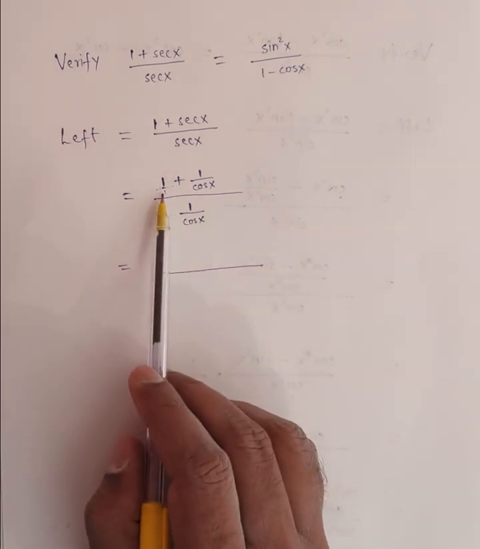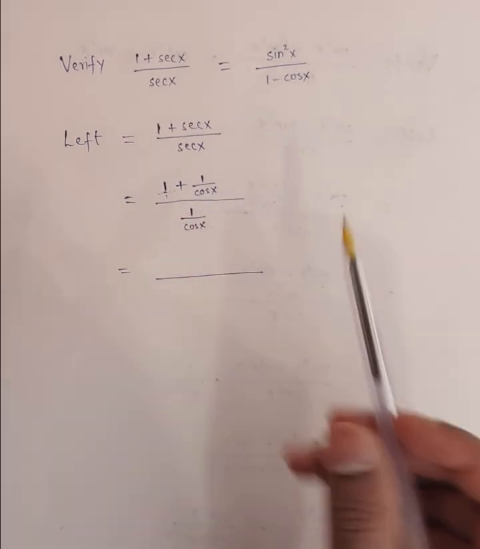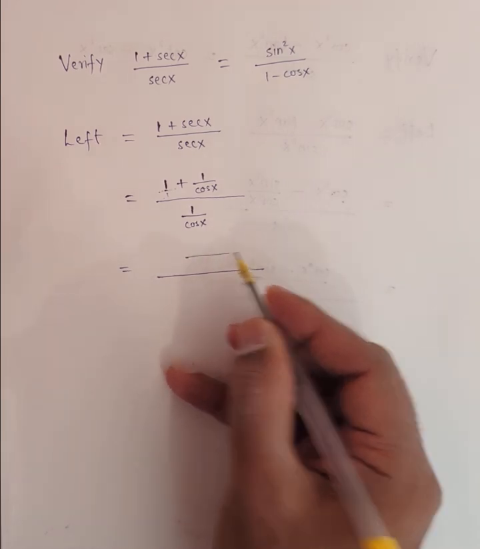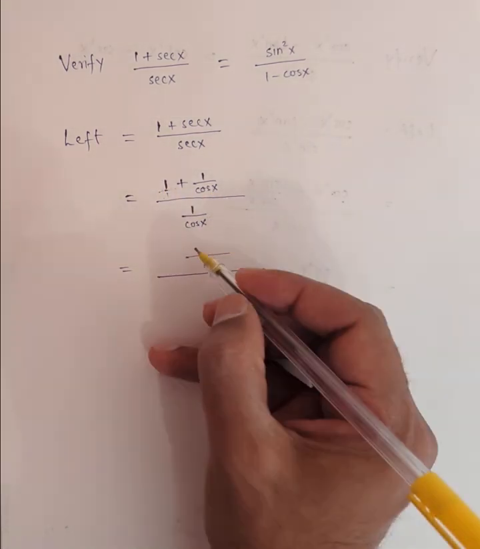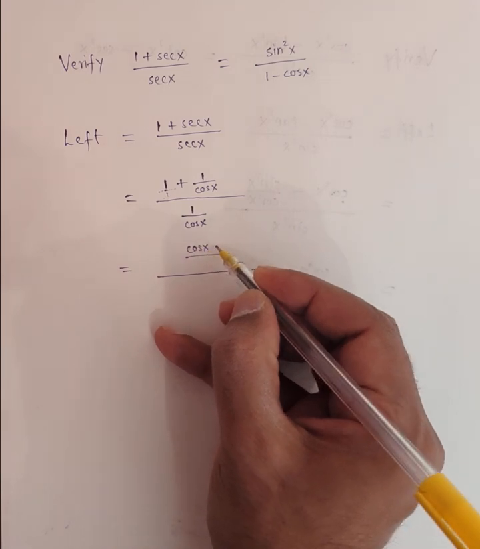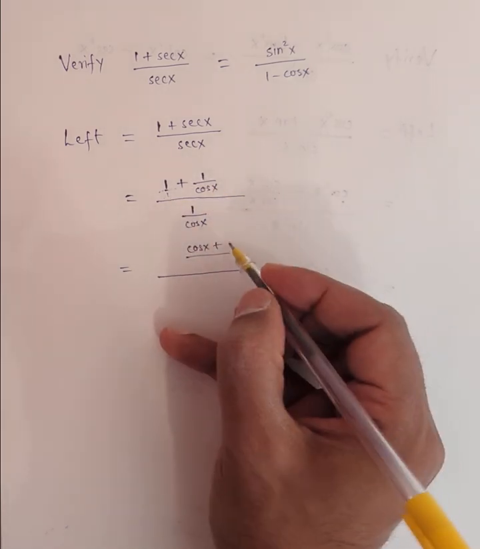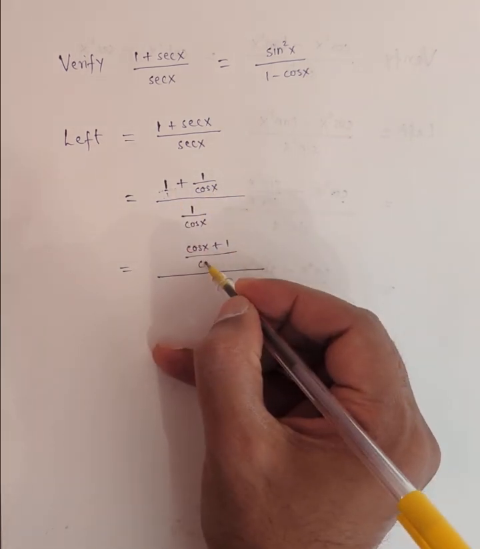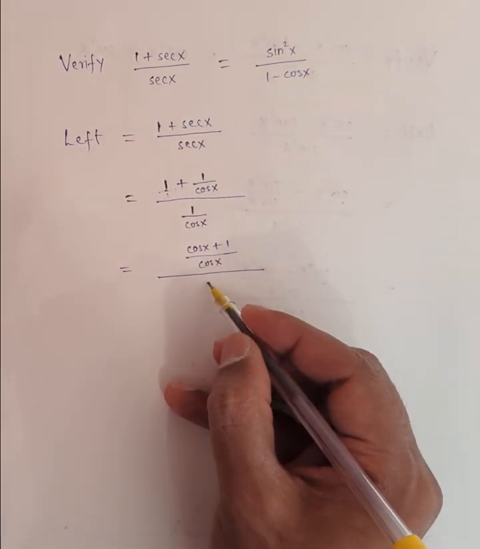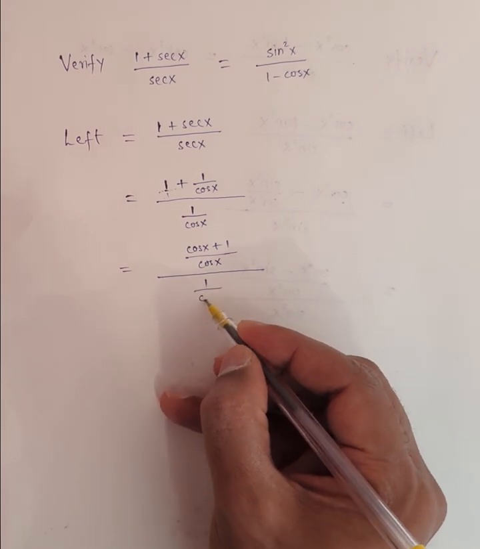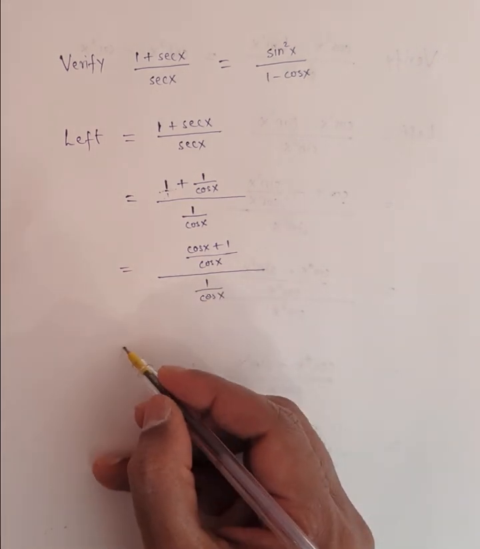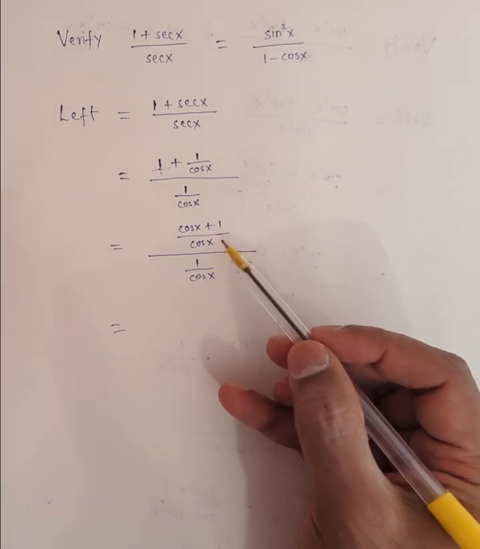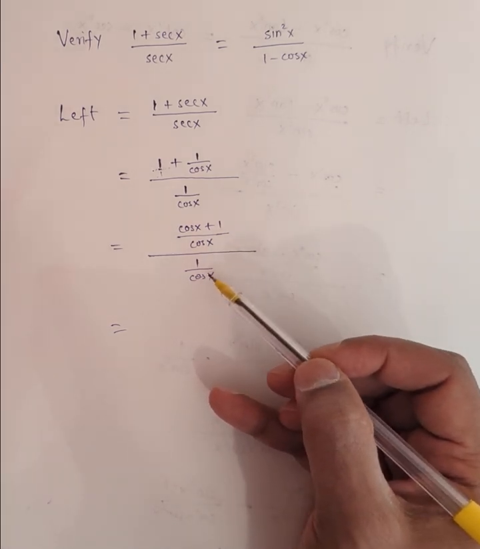So if you want to add 1 over 1 plus 1 over cosine x, you're going to have a numerator of 1 times cos, which is cos, plus 1 times 1, that's a 1, over 1 times cos, which is just cos. And your denominator is 1 over cos x. So you have a complicated fraction where the numerator is a fraction and the denominator is a fraction.